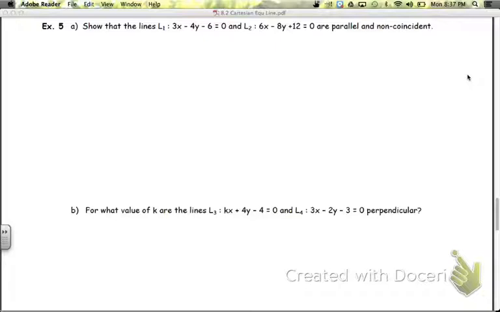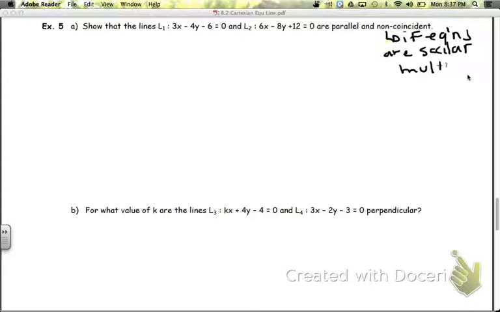For part A, we want to show that the lines L1 and L2 are parallel and non-coincident. If they're non-coincident, that means the equations are not scalar multiples.